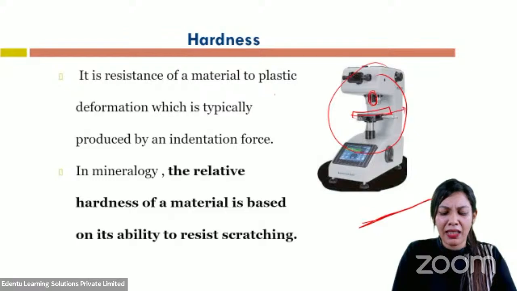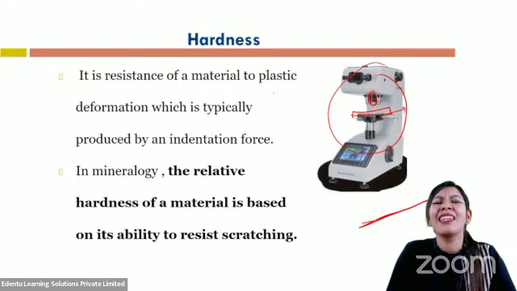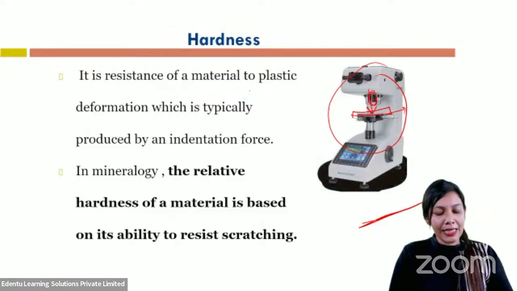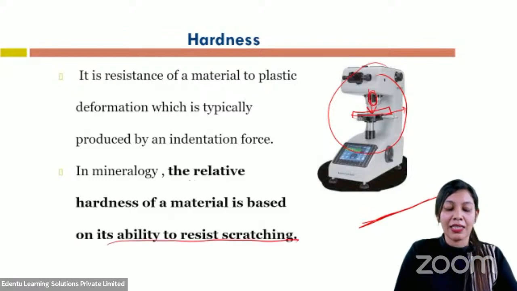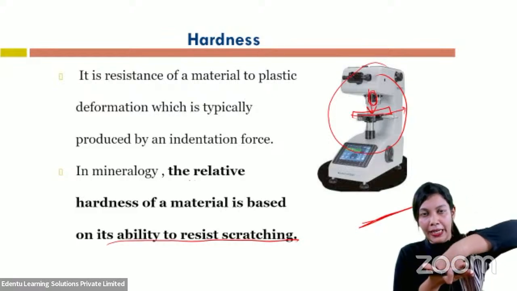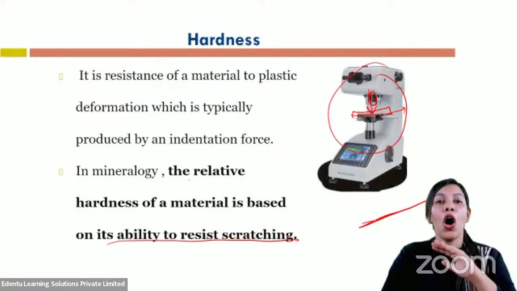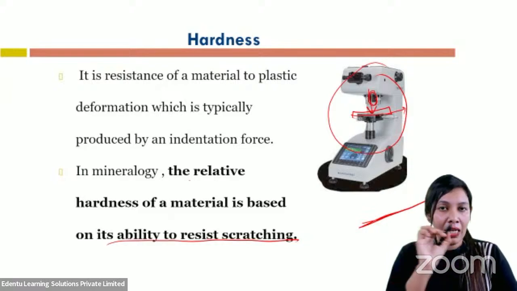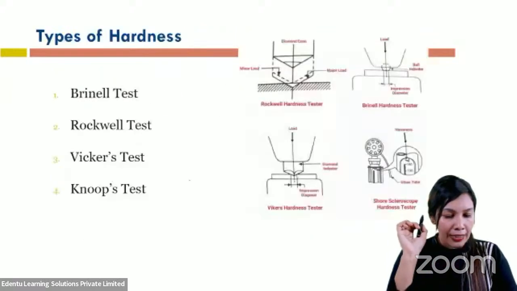This is one of the samples whose hardness has to be tested. We apply a load on its surface. It is the ability to resist scratching or abrasion. When we apply a force on a particular material, there should be no scratch or abrasion. In those cases, we can say that the material is hard. This is a very important term. The material that resists the scratch or abrasion is called hardness.